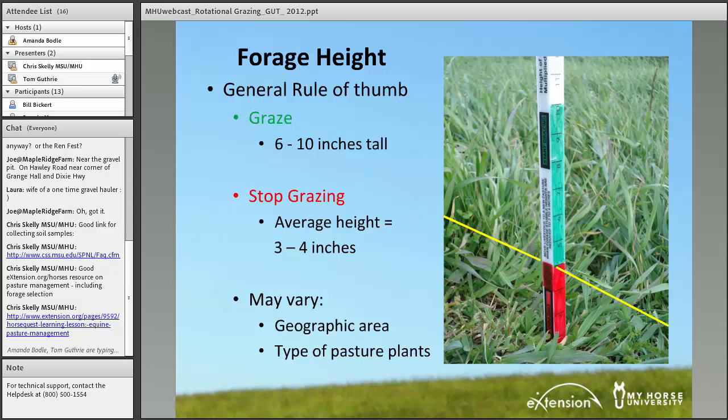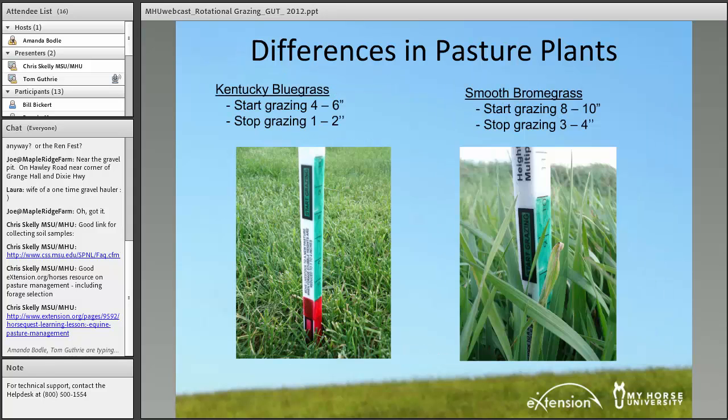So when we look at the types of pasture plants here, okay, here's a comparison of grazing guidelines for two cool season grasses, Kentucky bluegrass and smooth brome grass. We previously discussed the advantages and disadvantages of these two grasses. But if you remember, both grasses were considered to be palatable to horses.